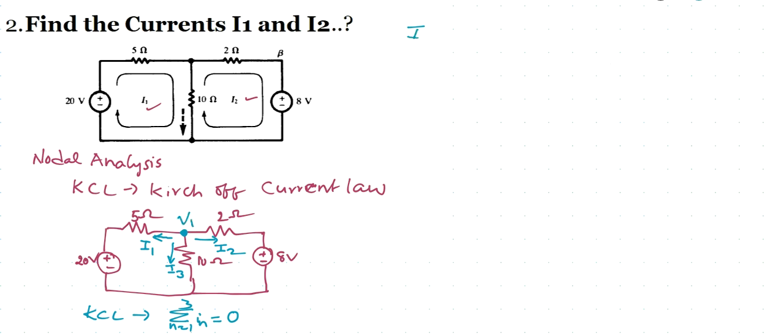For I1, the equation is (V1 minus 20) by 5 ohms, since this current is flowing through this and hitting the 20 volts source, so we take minus 20. This we can split as V1 by 5 minus 4.